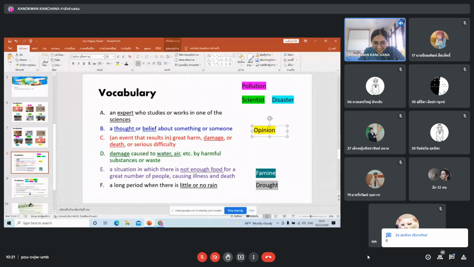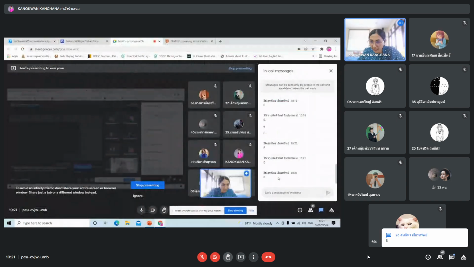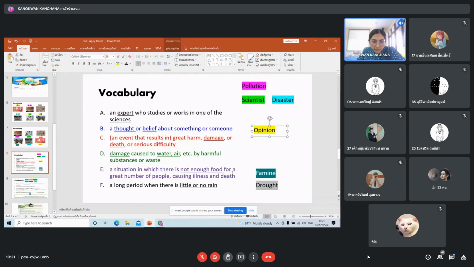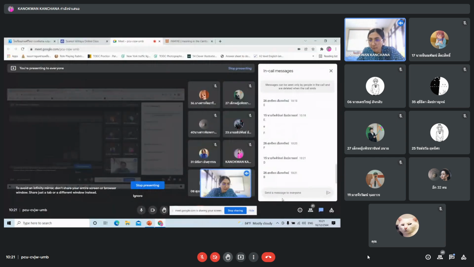Let's see who's sharing with me. I see on the screen Kitinan mentioned D and Sutipon mentioned B. Can I have more students to share with this word, opinion?